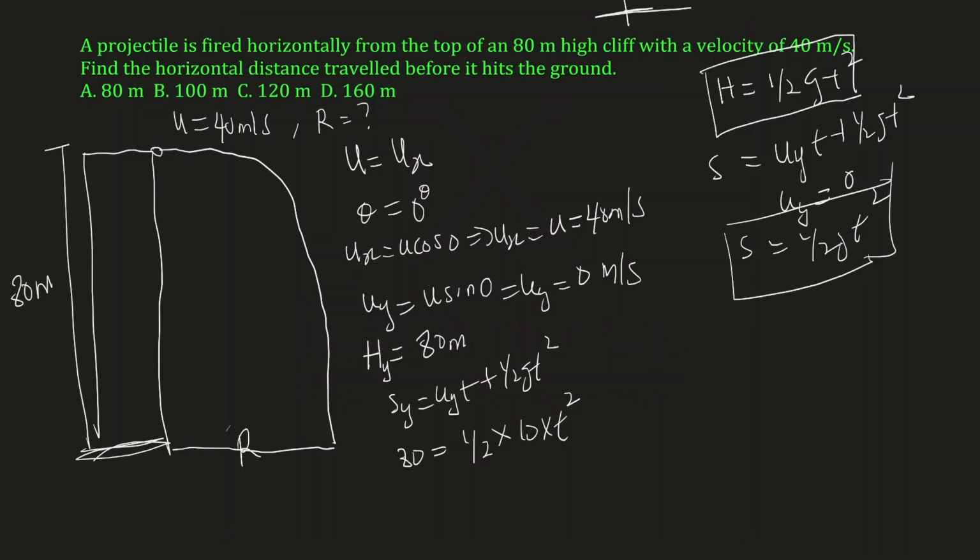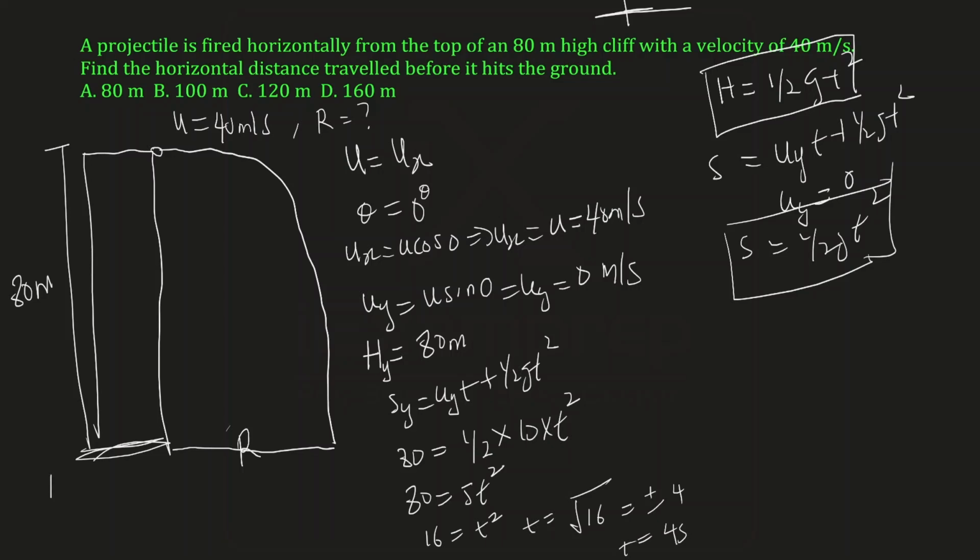So coming back to this question, we now have 80 equals half of 10, which is 5, so 5t squared. If I divide both sides by 5, I'm going to have 16 equals t squared. Then t will be equal to the square root of 16, which is plus or minus 4. And since time cannot be negative, time will be equal to 4 seconds. So I've calculated time. But what I was asked for, in essence, is to calculate range.